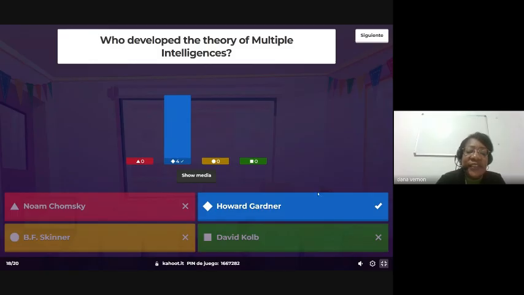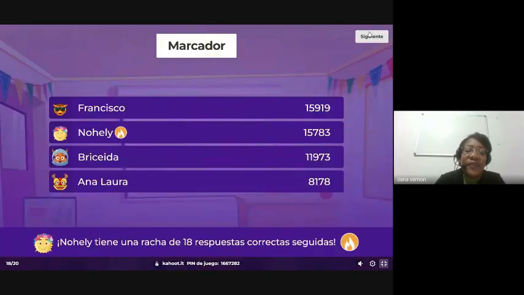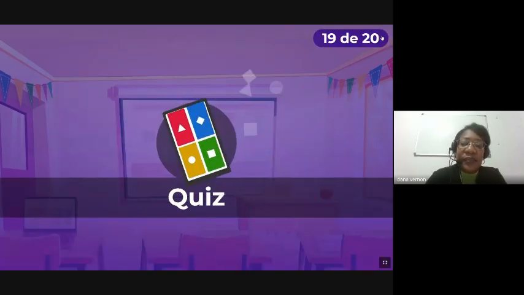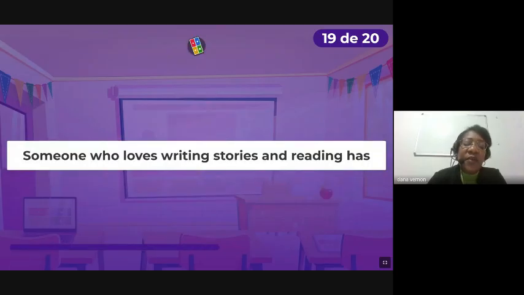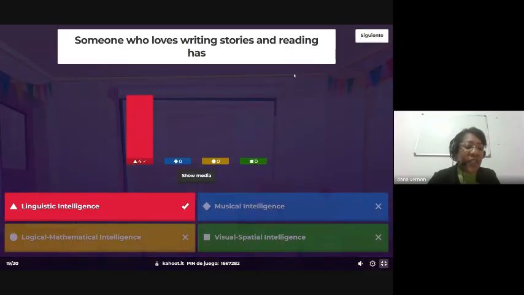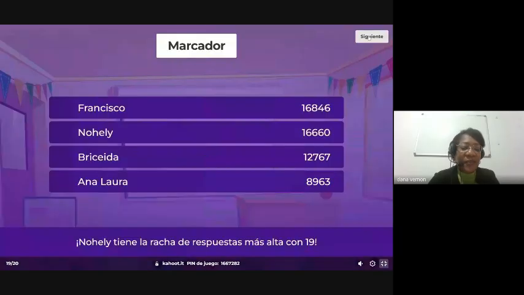Howard Gardner. Okay, good. Francisco. Someone who loves writing stories and reading has linguistic intelligence. Okay, good.